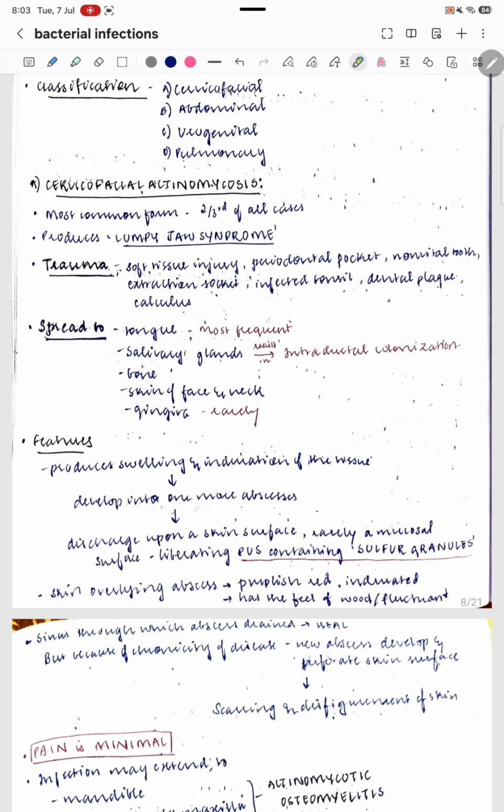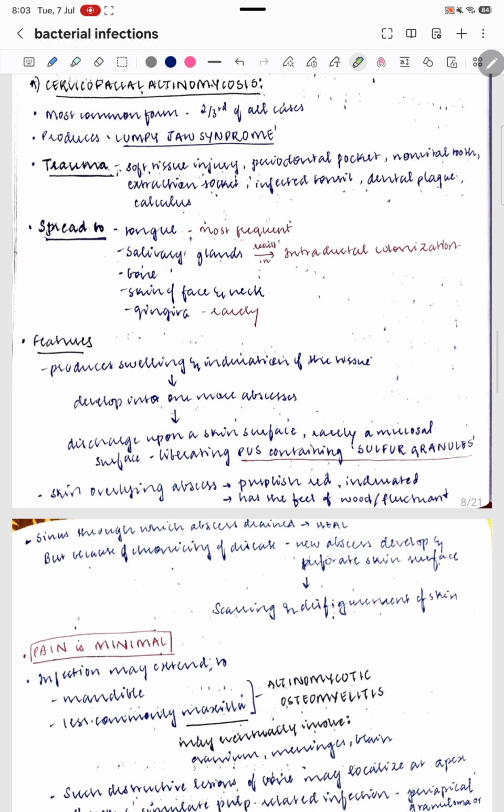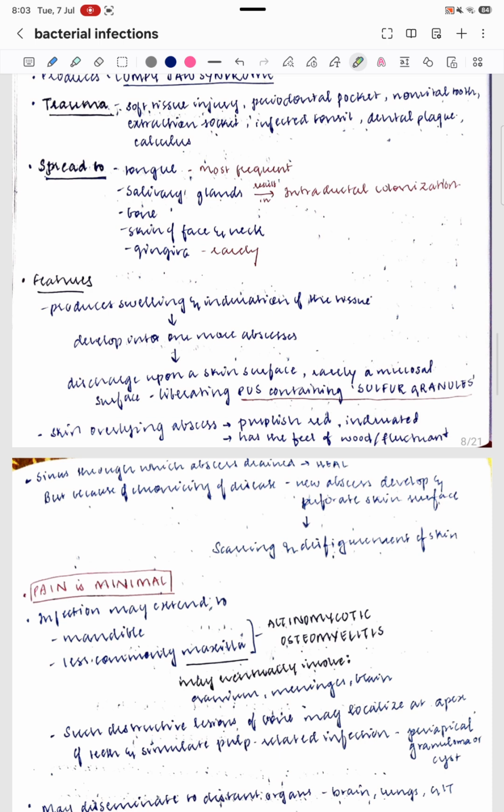Different factors of trauma can be there, and then it spreads, mostly from the tongue and salivary glands.